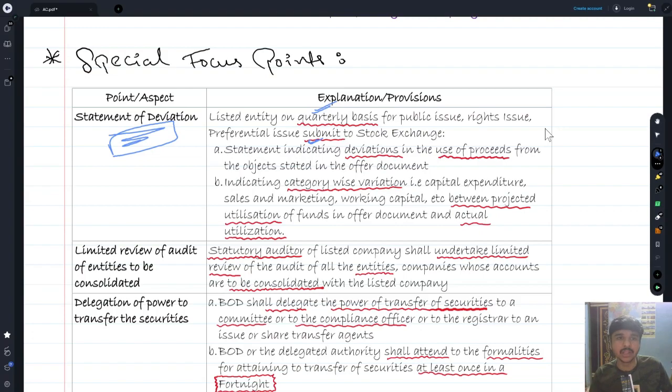The first deviation is that you have used the proceeds of some IPO or FPO in another way. That is not allowed as per SEBI LODR, but you have done it. So it's a deviation. In the statement of deviation you have to mention it, make it quarterly and submit it to the stock exchange.